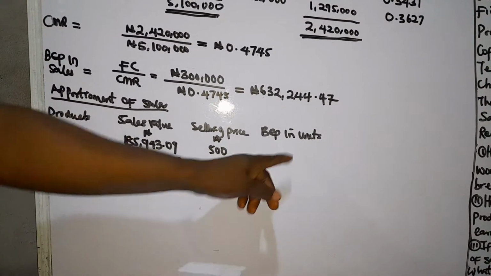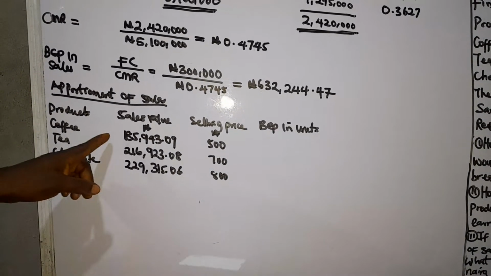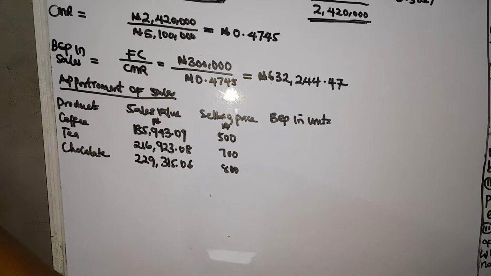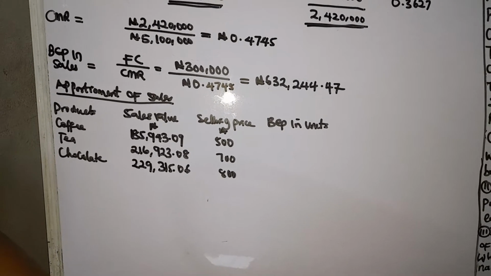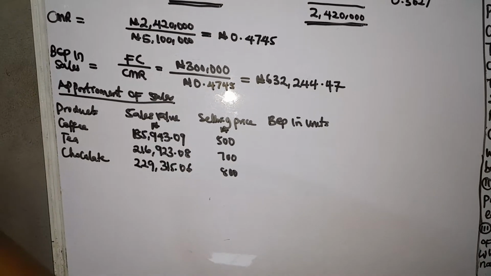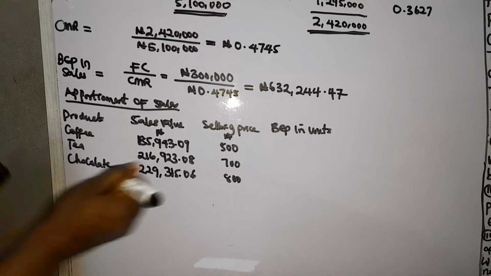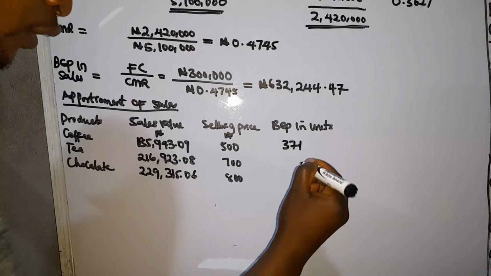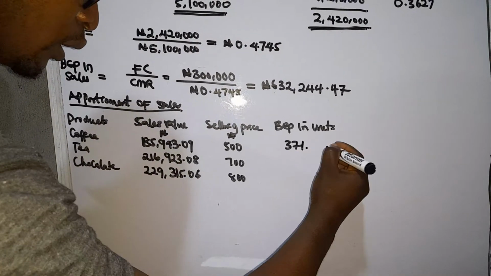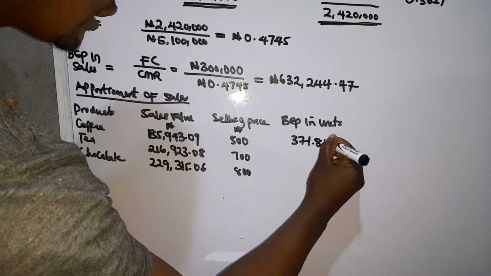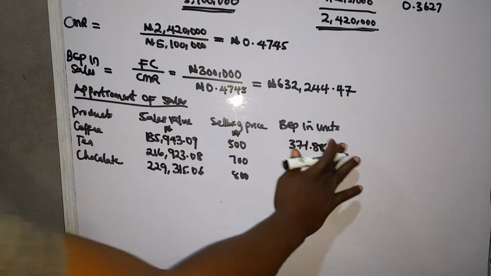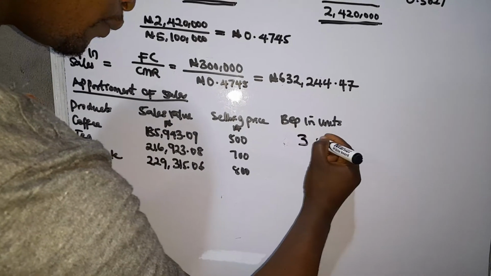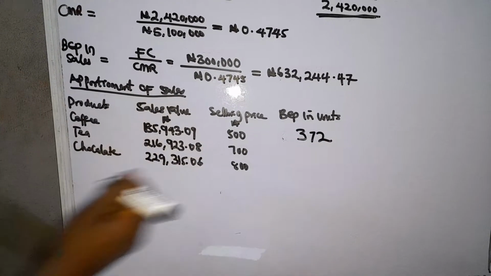Now let's get the break-even point in units. To get the unit, I will use this divided by the selling price. 185,943.09 divided by the selling price of 500 will give us 371.88. Okay, let's round it up to 372.